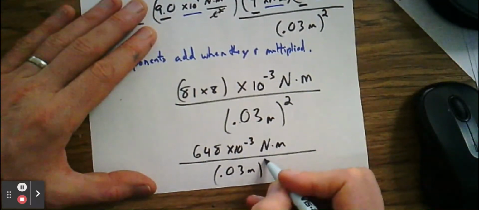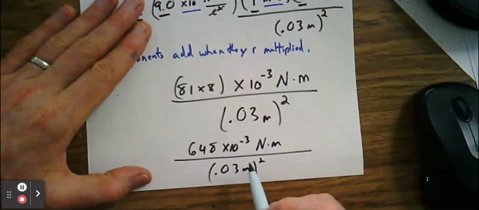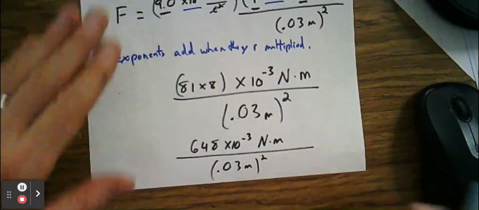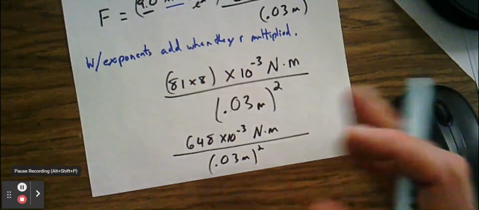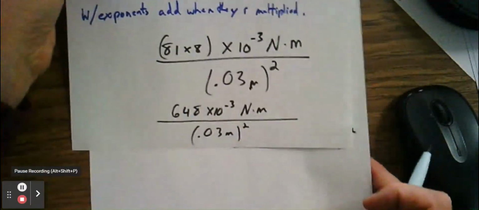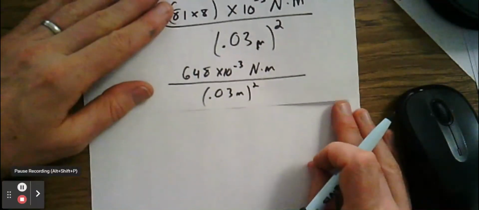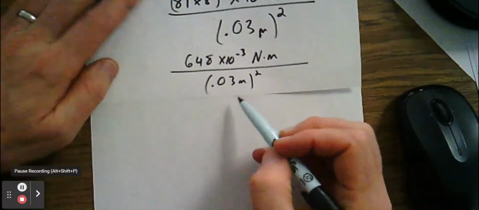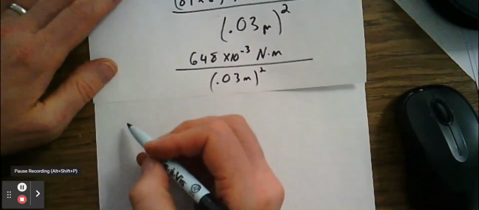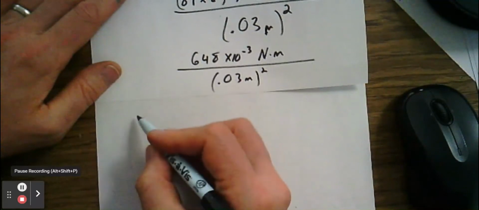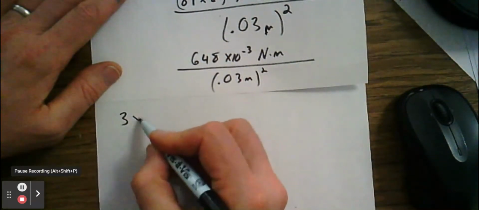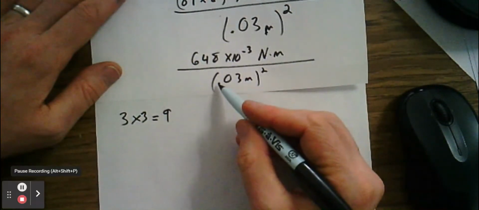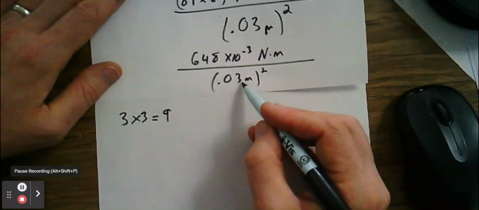all over 0.03 meters squared. Now, I got to take care of this thing. I'm going to finish it right here on this piece of paper. 0.03 squared is the same thing as, I could just multiply 3 times 3. That equals 9. And I would have to move the decimal spots twice in each number.